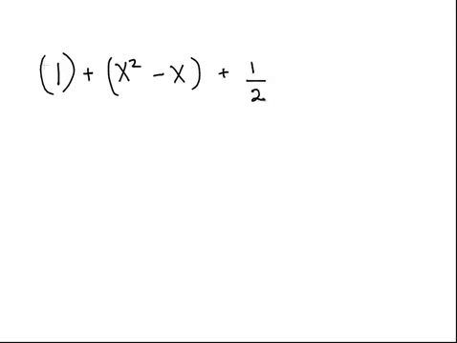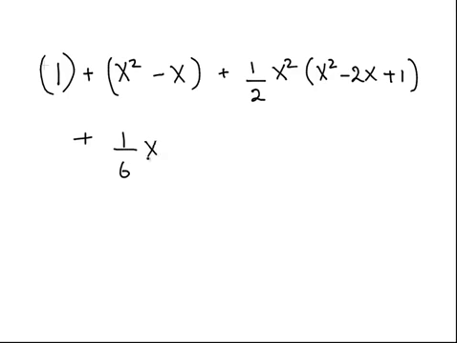And what we have here is the first two terms, which is 1 and x squared minus x. Okay. Then the next term, which is 1/2 x squared times, what was it, x squared minus 2x plus 1. Then the third term, which is 1/6 x cubed, and what we had there is 3x minus 1.